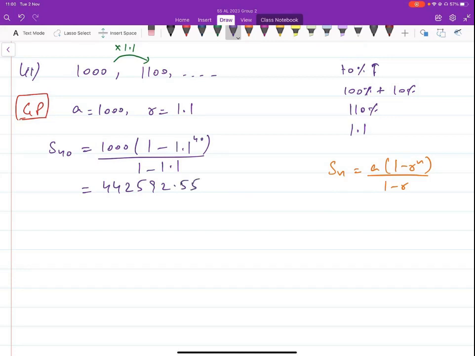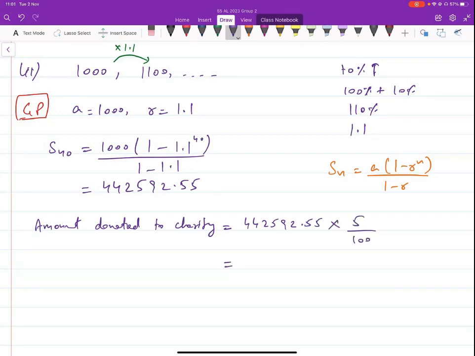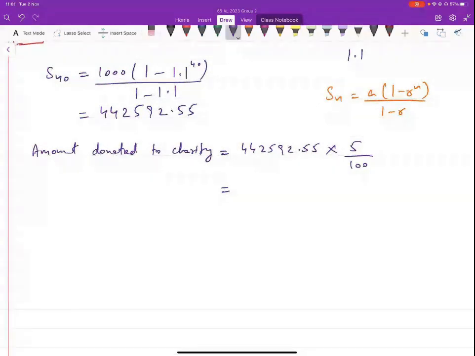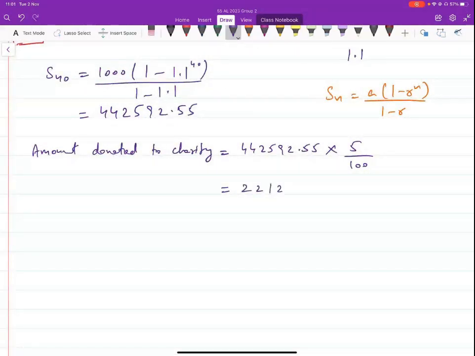And then all you have to do is calculate 5% of that amount donated to charity. That will be 442,592.55 multiplied by 5 over 100. What do we get? 22,129.6. That's the amount donated to charity.